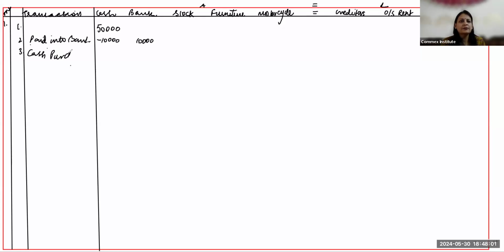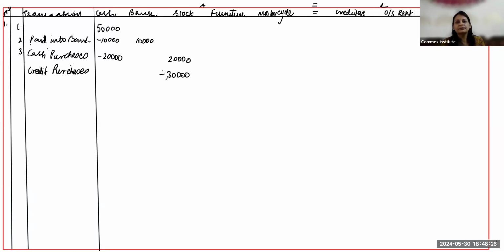Cash purchases, so this is 20,000. So my cash has gone down and my stock has increased. And then my credit purchases, so my stock is again increasing by 30,000.